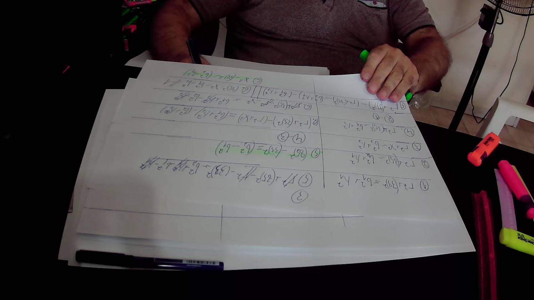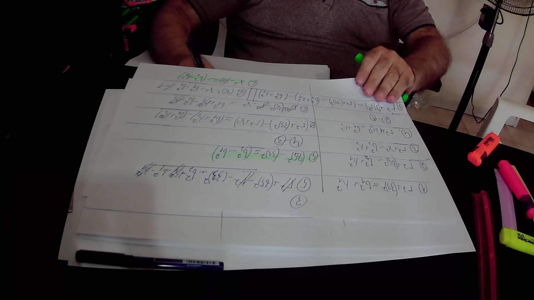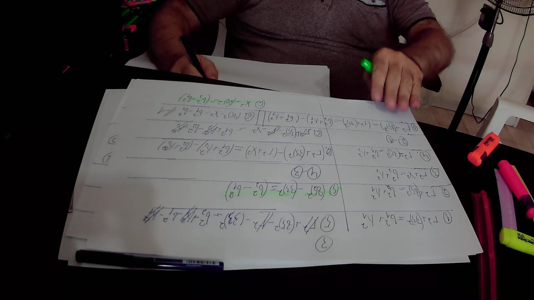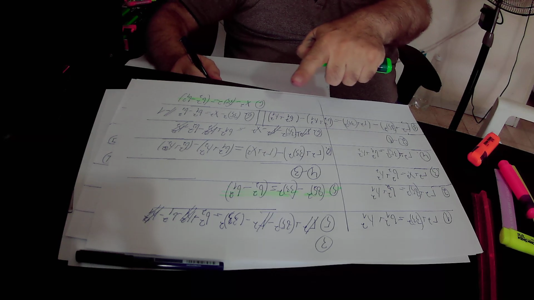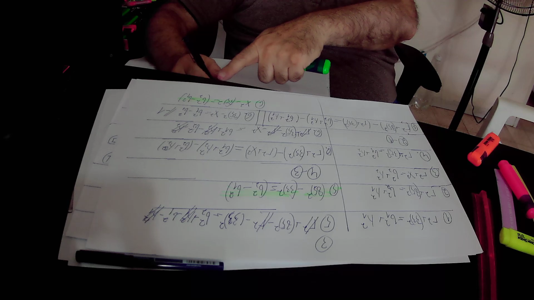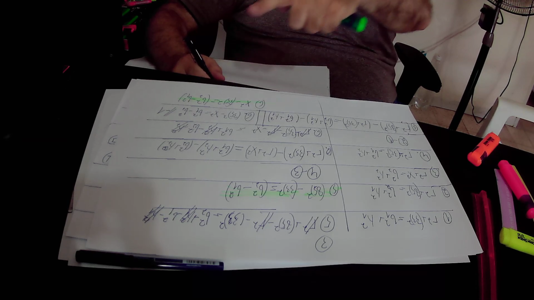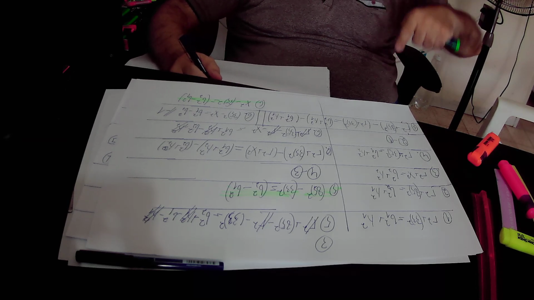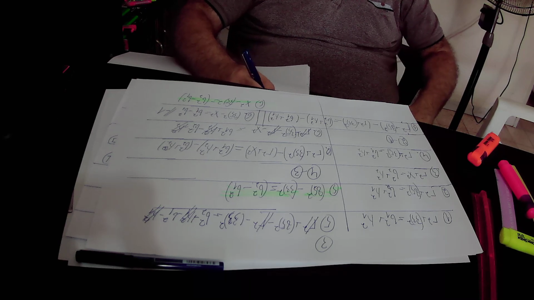In the next step, we create equation number 7. According to equation number 7, b2 squared minus b1 squared according to equation number 1 must be equal to b2 squared minus b1 squared according to equation number 6. So, repeat again.